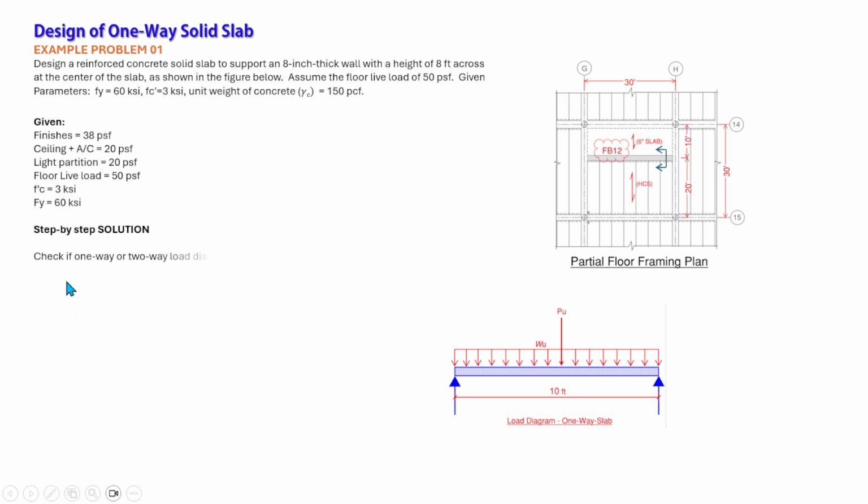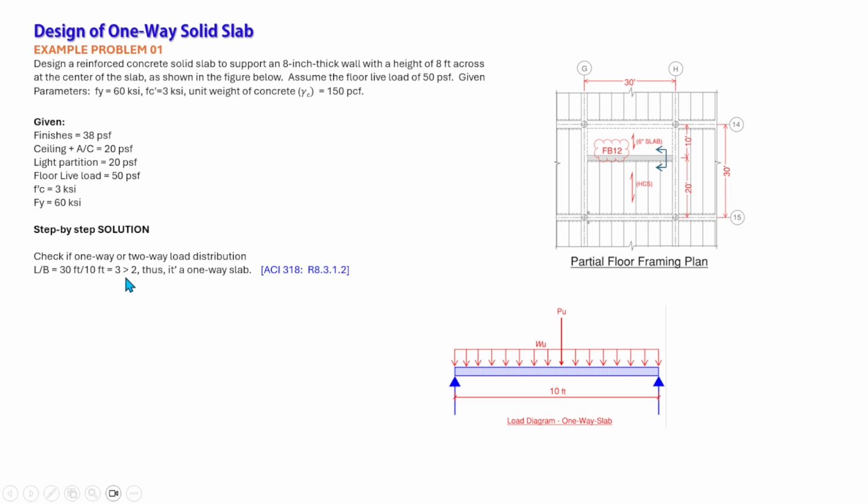First of all, we need to check whether the slab qualifies as one-way or two-way load distribution. For the length to width ratio, we have 30 divided by 10, because we have a length of 30 for the slab and the width is 10.